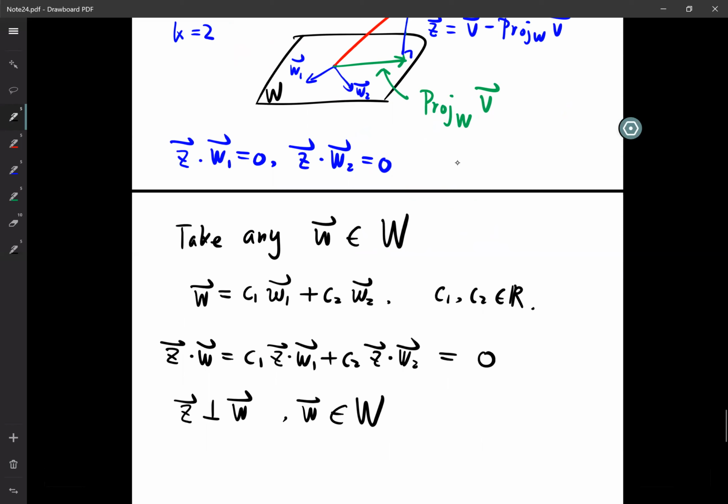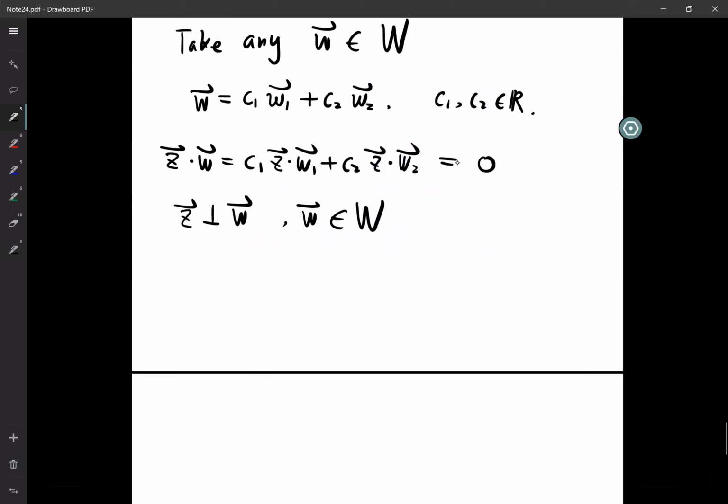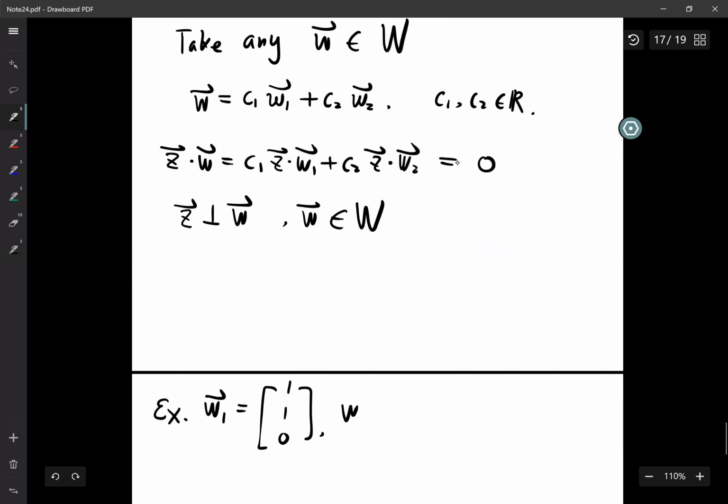So finally, let us maybe do an example. W1 is (1, 1, 0). W2 is (1, 1, 1). And V is (2, 1, 1).